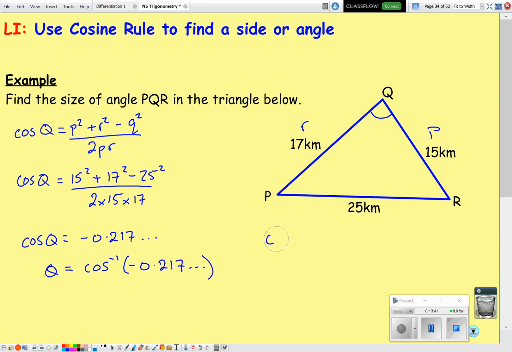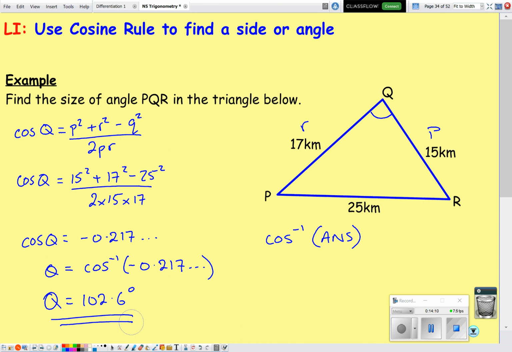So remember, on your calculator, that's inverse cos, it's usually the answer key that you're putting in. So inverse cos negative 0.217, and you get 102.6 degrees.